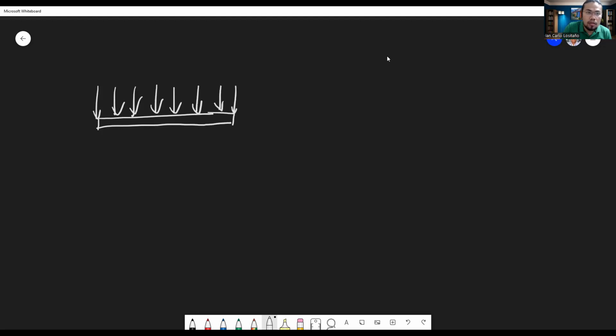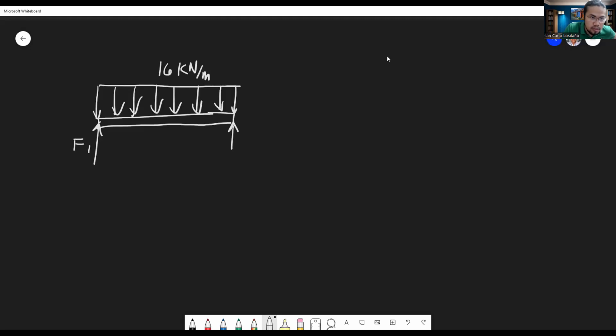So you have a beam. Let's see it from the side view. Let's see the distributed load of 16 kilonewtons per meter, right? And there are going to be reactions at the ends.